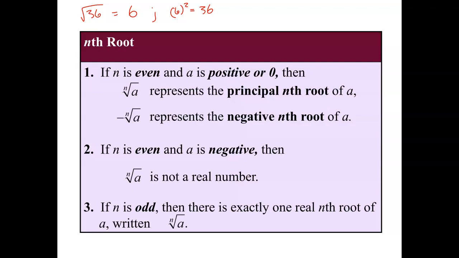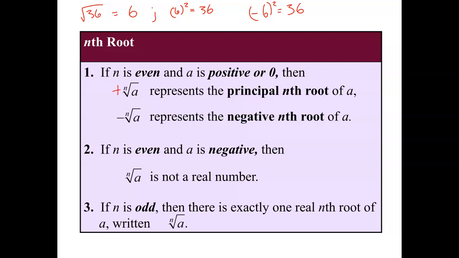What number can I square and get 36 other than 6? Negative 6. Negative 6 squared also equals 36. So we have to make the distinction: do I want positive 6 or negative 6? That's the difference between principal root and negative root.